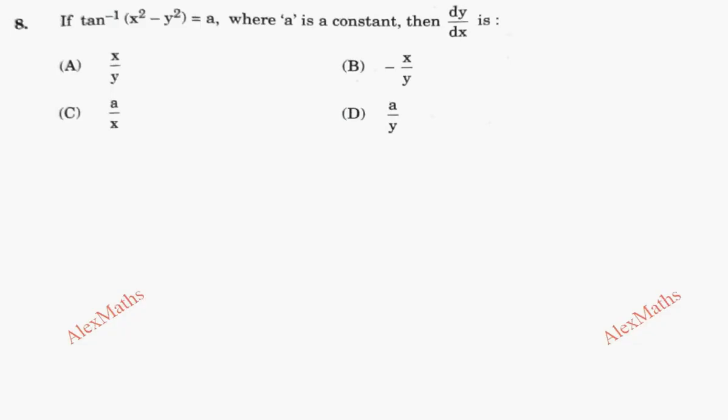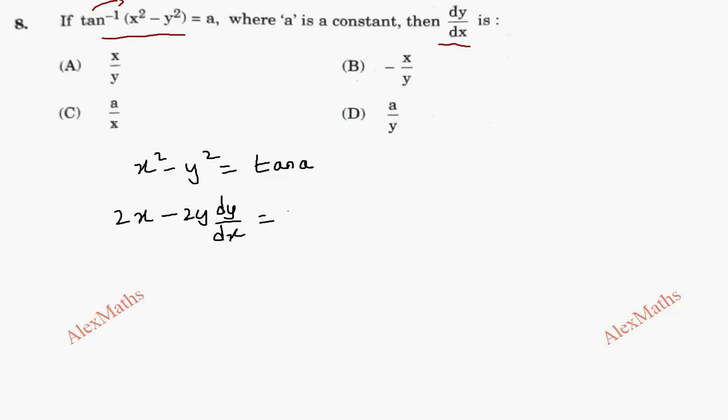Question number 8. They have given tan inverse of x square minus y square equal to a, and we have to find dy by dx. So let's take this tan inverse to the other side. So we get x square minus y square equal to tan a. Tan a is a constant. When we differentiate, this is 2x minus 2y dy by dx equal to 0.